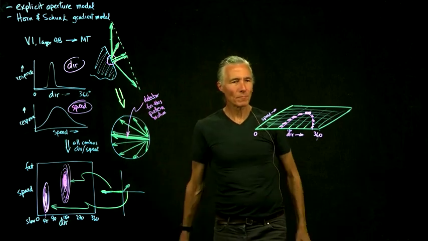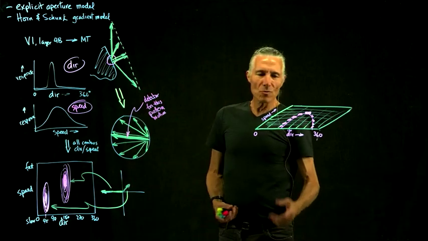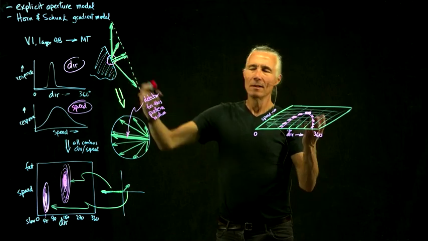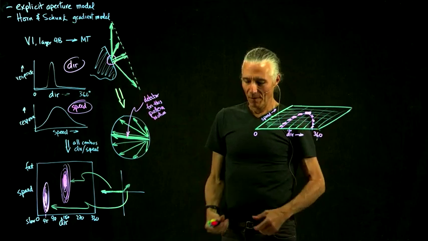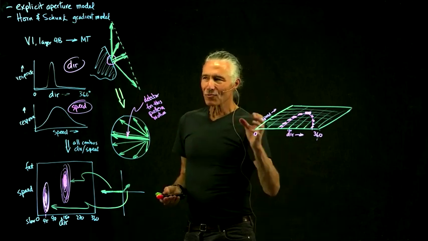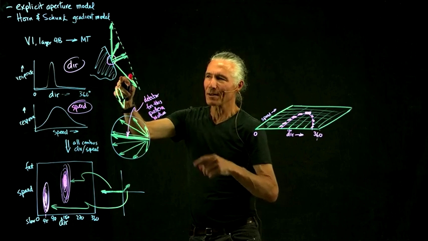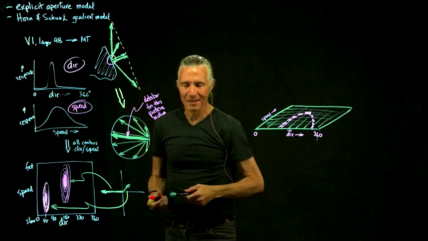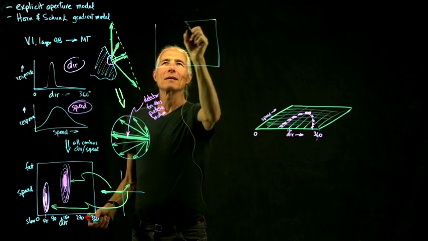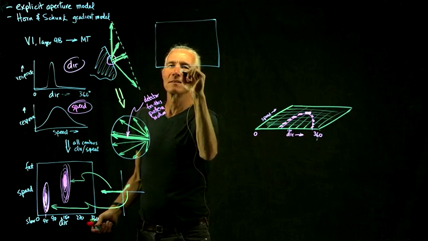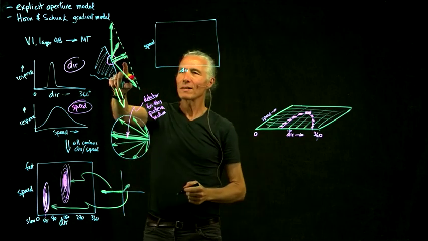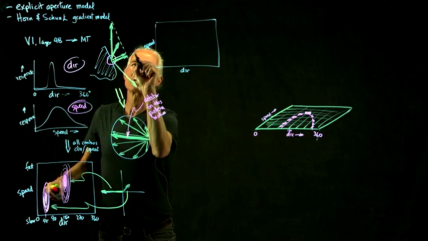Okay, so now we already knew that if you just have one detector, it's hopeless because you can't tell what the actual direction and speed is. Let's draw out this problem in a different coordinate system, just in our Cartesian speed and direction coordinate system. What does this problem actually look like?